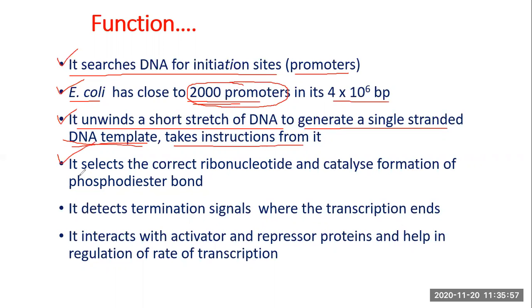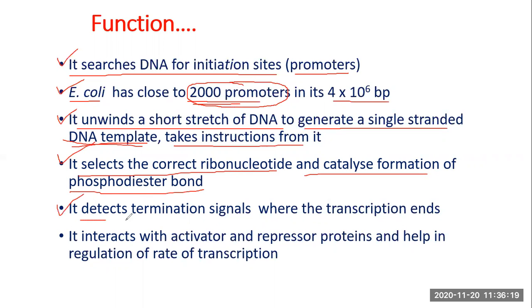Then it selects the correct ribonucleotide from among the pool of ribonucleotides. Based on what is there on the template DNA, the complementary ribonucleotide is picked up from the pool, and it is again the responsibility of this enzyme to catalyze the formation of the phosphodiester bond between the 2 ribonucleotides.